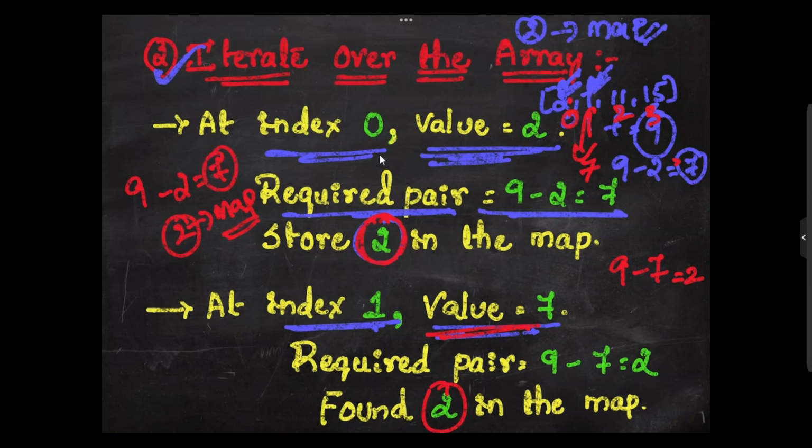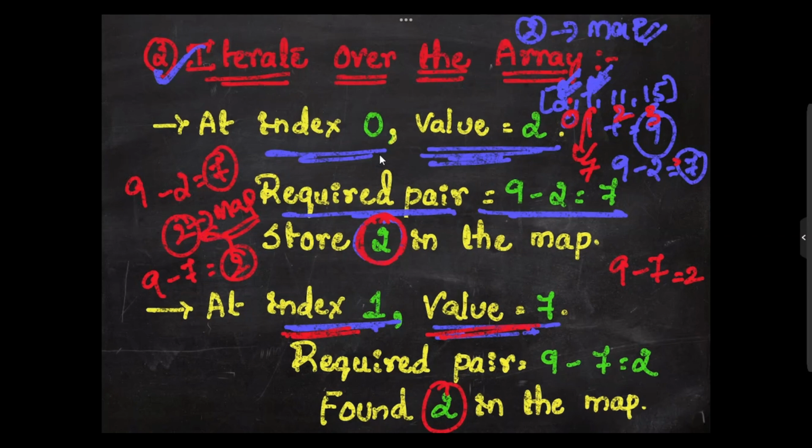Here at index 1, value 7 is present. So we subtract 9 minus 7, which is 2, right? We will check whether 2 is present in the hash map or not. If it is present in the map, then we will stop the iteration and go with the index, right?